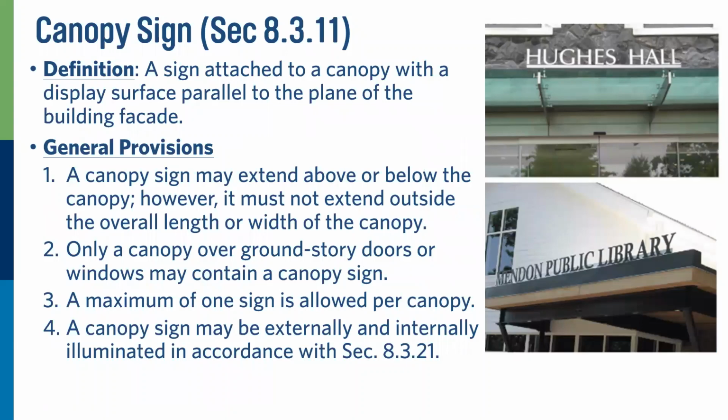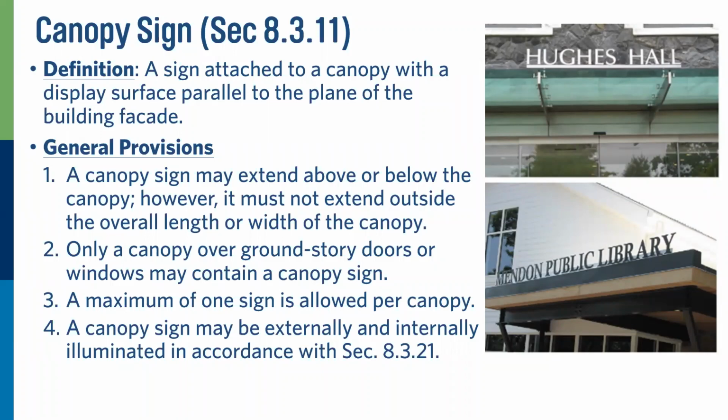Canopy signs are very similar to awning signs, except these are the letters that are on top of a fixed canopy. The canopy is part of the building, part of the structure, and you want to put letters on top of that. The general provisions are: a canopy sign may extend above or below the canopy, however, it must not extend outside the overall length, just like the awning sign.